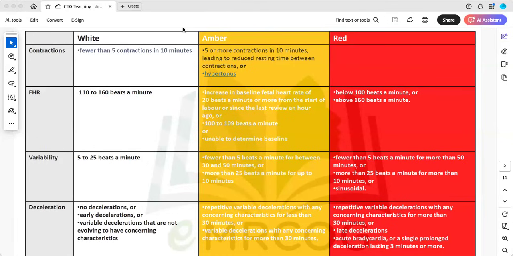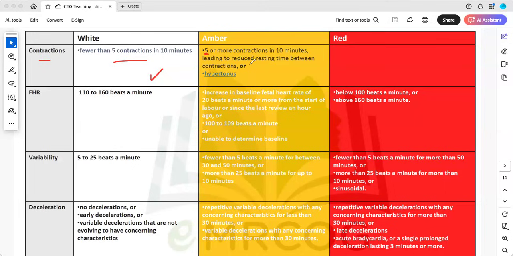Now, what is a normal contraction? What is the contraction at the normal level? Yes, if it is less than 5 contractions in 10 minutes, I'm happy. What if it is 5 contractions in 10 minutes or more? This is an amber feature.